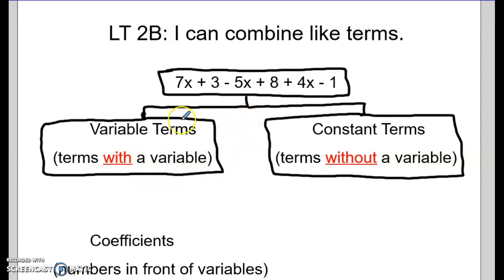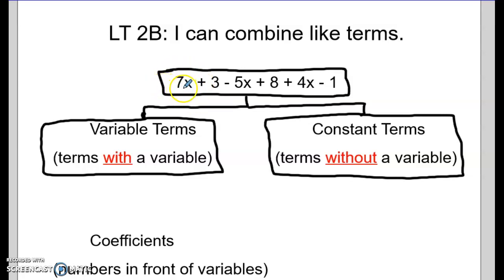Okay, so we can have variable terms in our expression. These are terms with a variable. And again, a variable is a letter that we use to represent a number that we do not know. It's an unknown number. In this example, x is a variable.